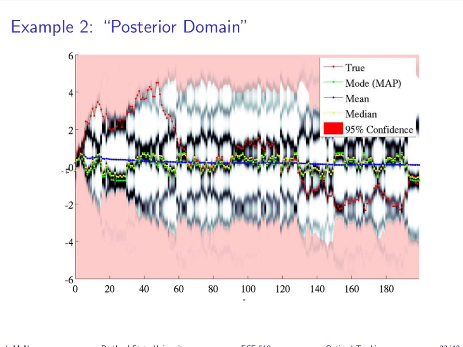So the marginal posterior PDF at a given particular time is shown by the darkness of the image underlying the colors. If we look at roughly time 20, you can see there's a lot of blackish color in here and in here. That tells us that the posterior had two different modes at that particular time.